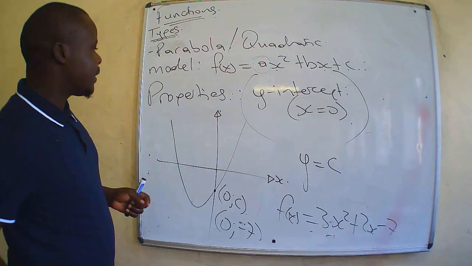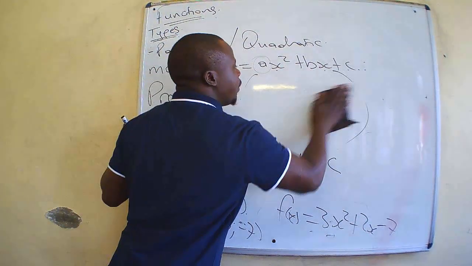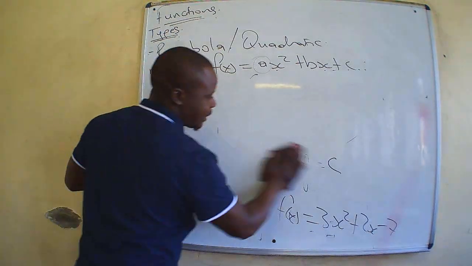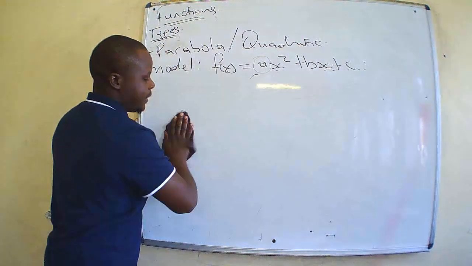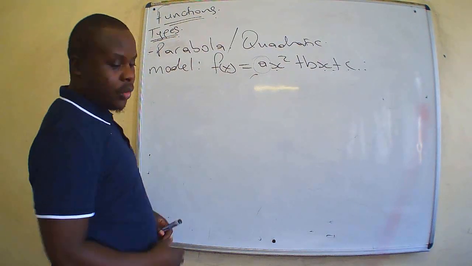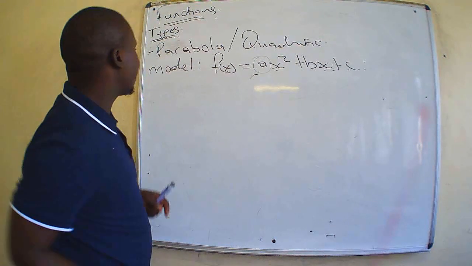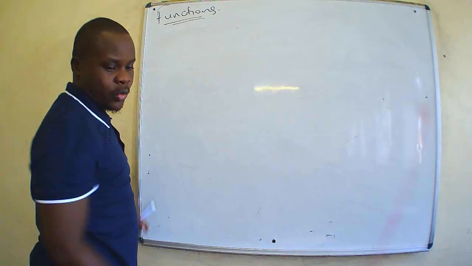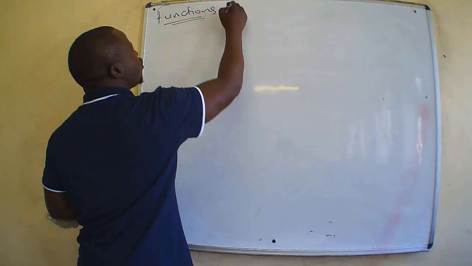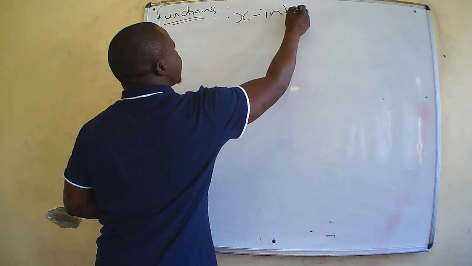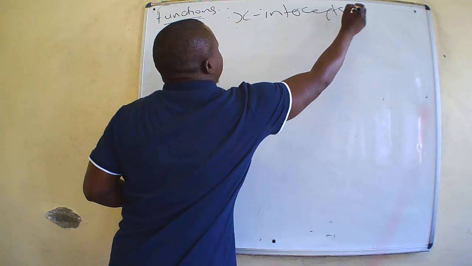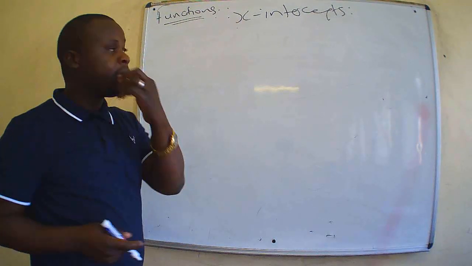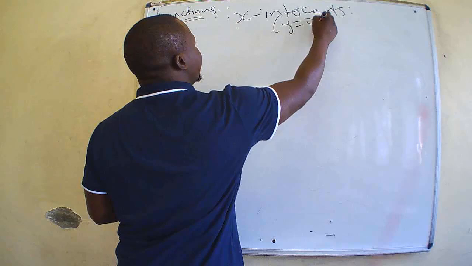So from the y-intercept, let's move on to the next property, which is how do we then determine what are called x-intercepts. Let us determine x-intercepts. So to get x-intercepts on our parabola, let's have enough space here. So let's talk about how we determine the x-intercept. For the x-intercept, the convention, just like how we find the y-intercept, you are making y equal to 0.